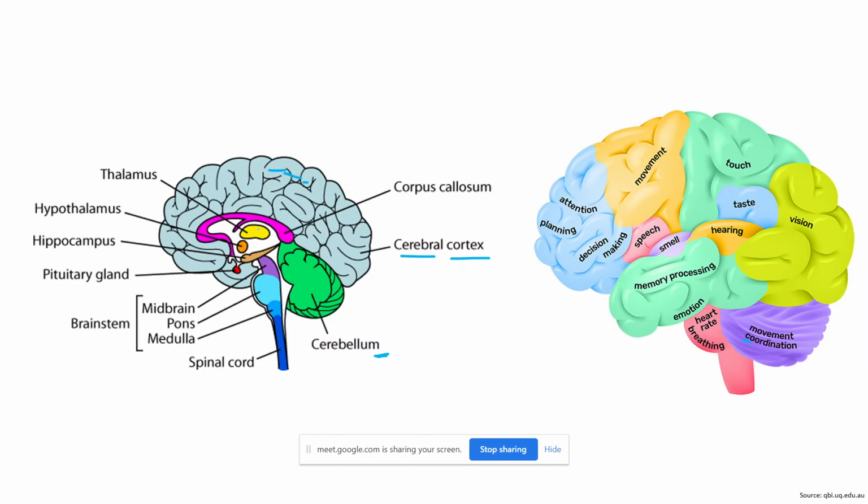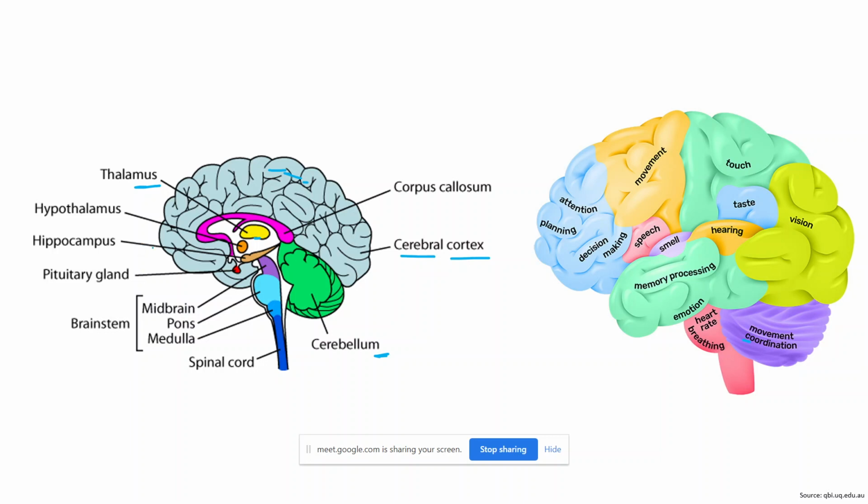Then here we have the thalamus. What thalamus does is that it is responsible for your senses and for your consciousness, right? All your sensory things which are happening, like smell, hearing, those things are taken over by the thalamus.